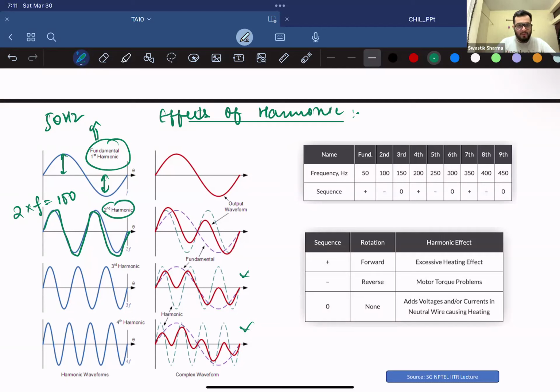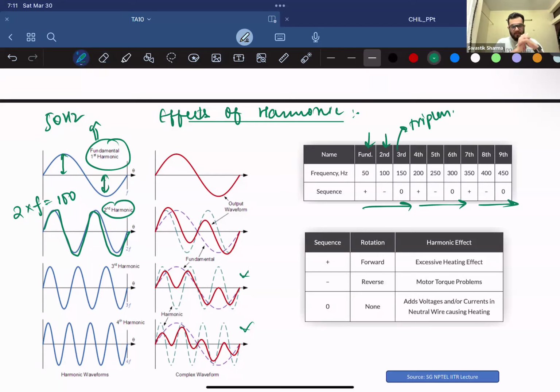These harmonics are also classified in the form of their sequences. The fundamental harmonic is your positive sequence harmonic. The second harmonic is your negative sequence, and the third harmonic is your zero sequence, also called triplen harmonic. They are triples of the fundamental, and this cycle continues after every three frequencies.